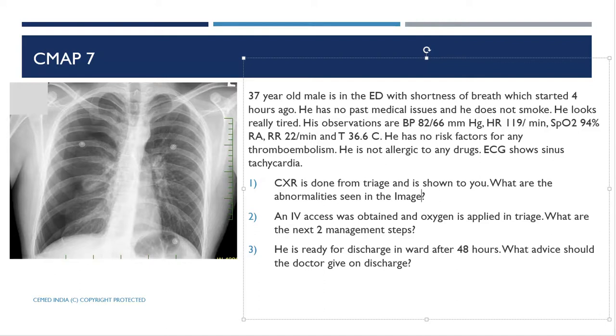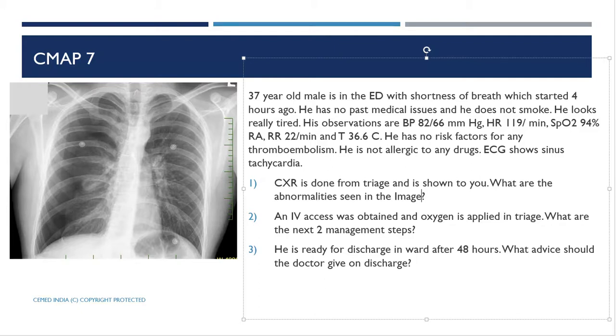And although the BTS algorithm clearly states that you need to classify it as primary and secondary and see the distance, whether it is 2 centimeters or 1 centimeter, and accordingly act, this patient is unstable.